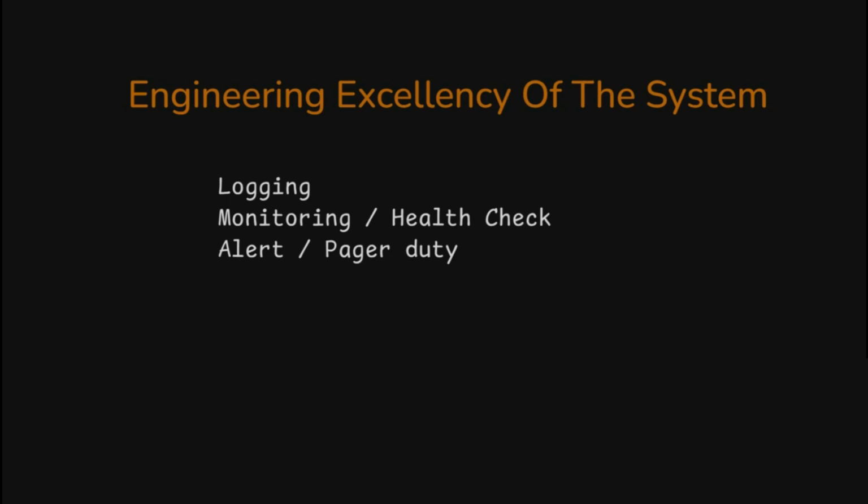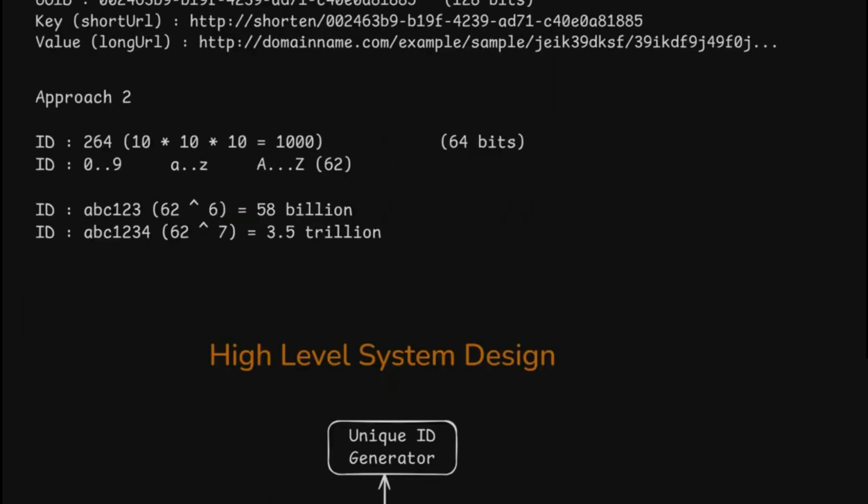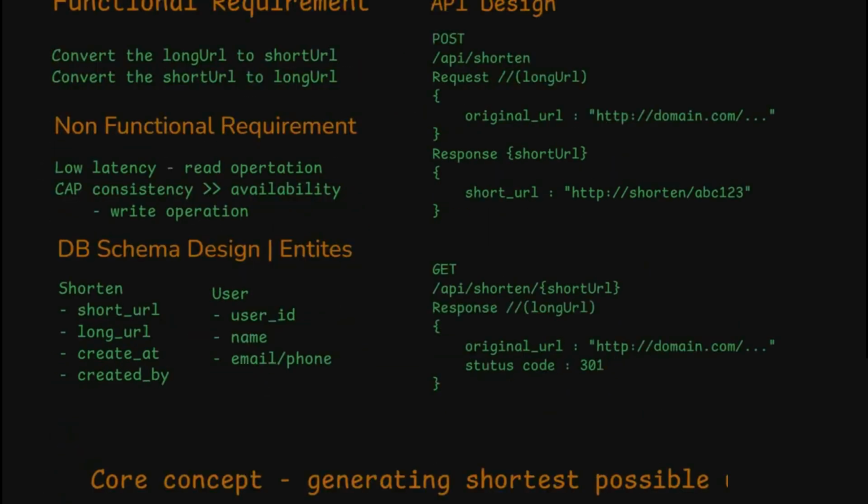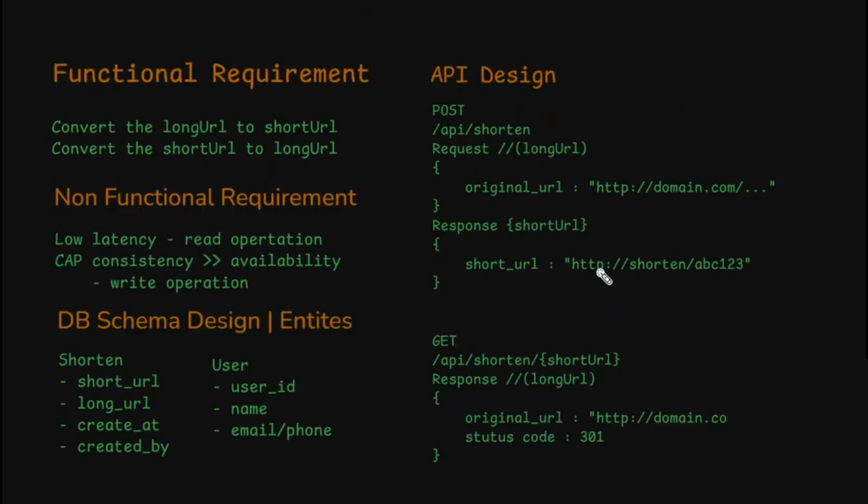Let me summarize how we started getting the requirements of the system. We started with getting the functional requirements. At this point of time, sometimes there are topics which are new to you, right? So my recommended approach is to start with something simple, by making a note of the core functionality of the system which the interviewer is looking for, and talking about the non-functional part, where you think about scalability, performance, and the consistency and availability of your system.